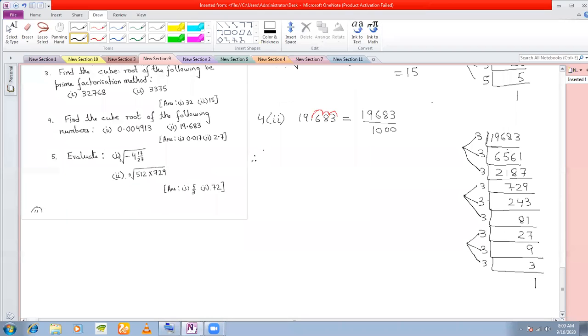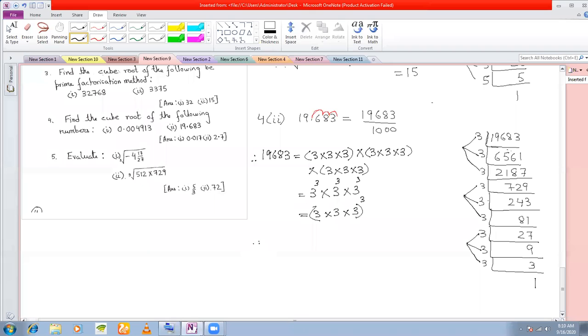So therefore 19683 can be written as 3 cube into 3 cube into 3 cube, which can also be written as 3 into 3 into 3 whole cube.